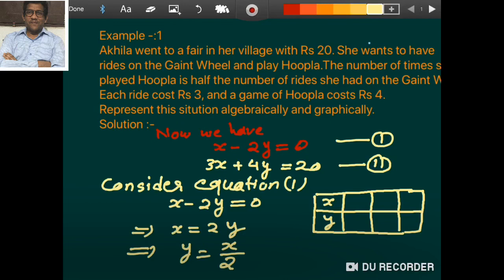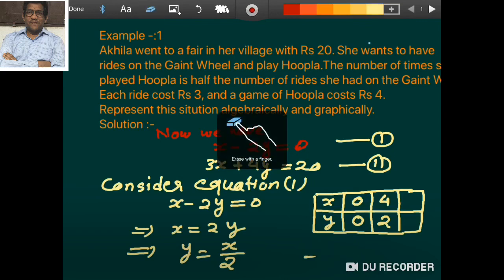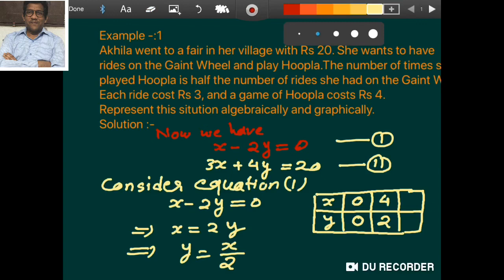If x is equal to 0, we get y is equal to 0. If we put x is equal to 4, we will get four upon 2 is equal to 2. If we take x equal to 6, we get y is equal to 3.